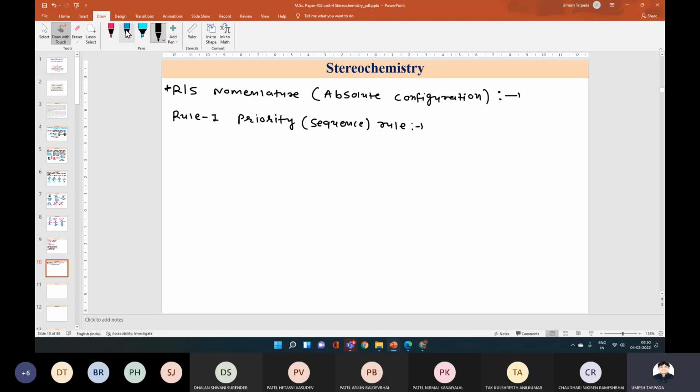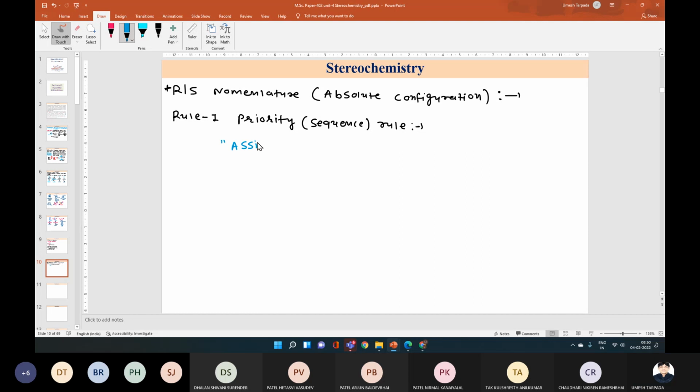According to this rule, assign priority order to 4 different substituents attached to chiral center according to their atomic number. This is the first rule.